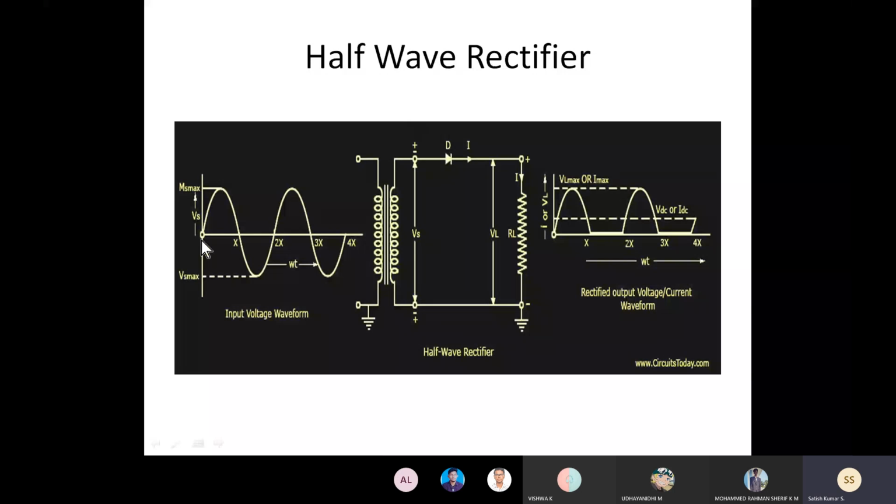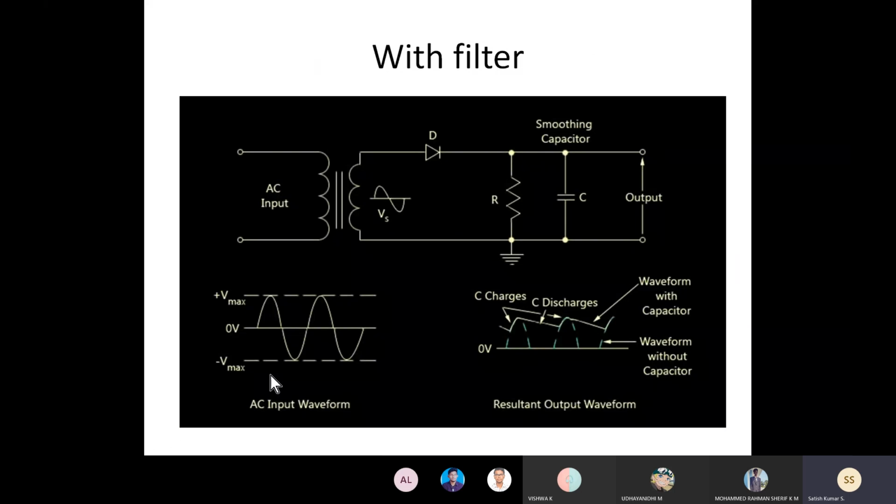Because the input waveform comes as positive and negative half cycles. In the positive half cycle you get positive polarity at this C terminal, and in the negative half cycle you get negative polarity at this C terminal. In that manner the diode is forward biased or reverse biased, and we conclude it and get the output. Right, we'll move to the next level.